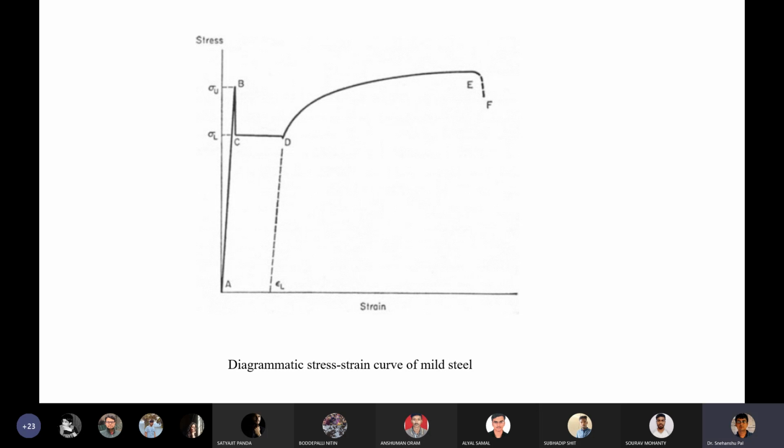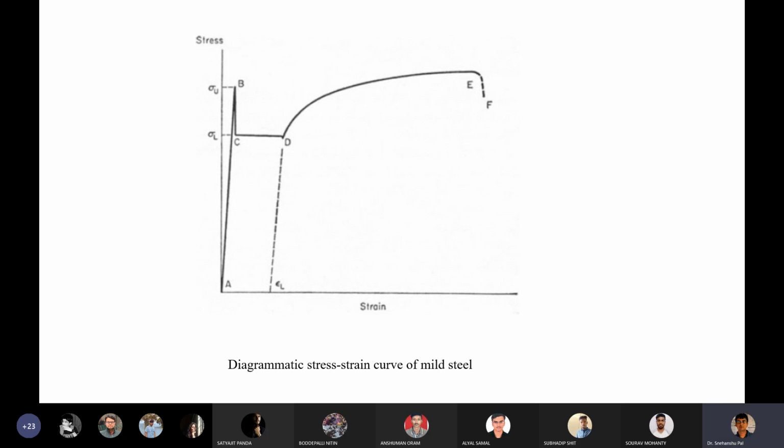In the Luder band region, the strain has the value epsilon superscript capital L, as you can see in the plot given in the slide, and other regions which are not yet deformed have zero strain.